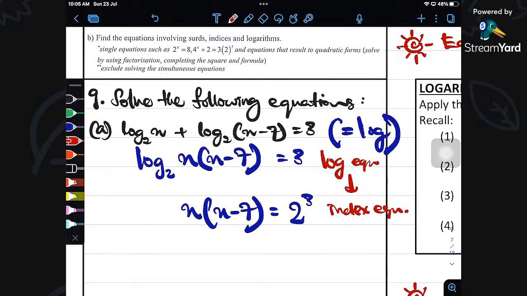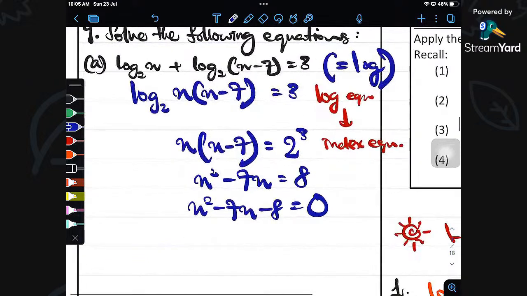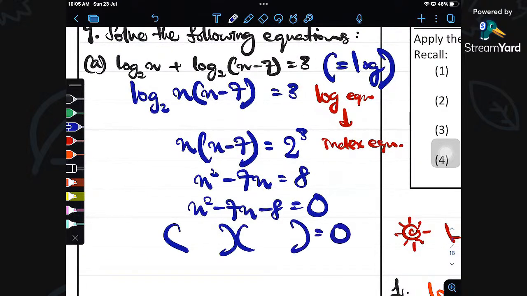Dia boleh bertukar mengikut kehendak soalan, mengikut apa yang kita rasa kita perlukan. Sebab kita nak value of x, isn't it? And so the answer is just x squared minus 7x equals to 8. Therefore, you simplify them. You factorize them.